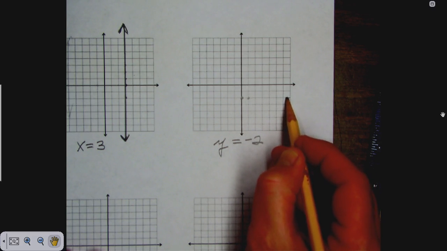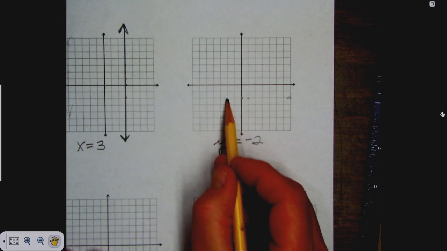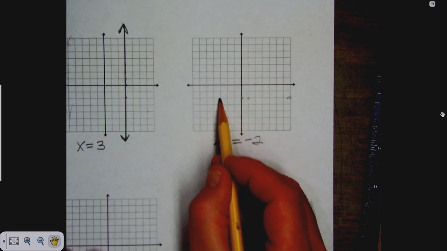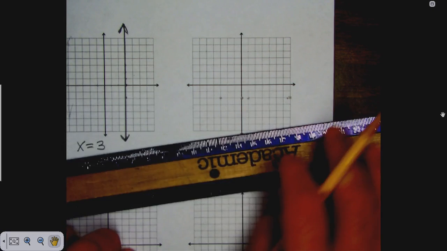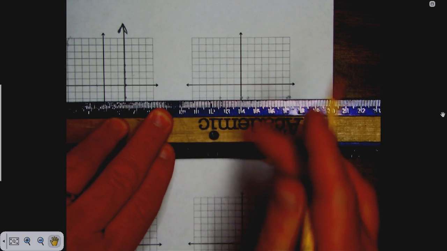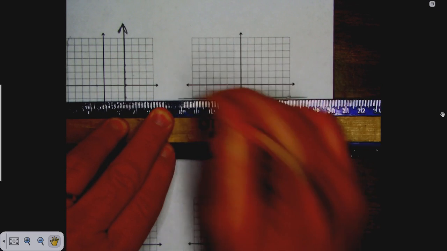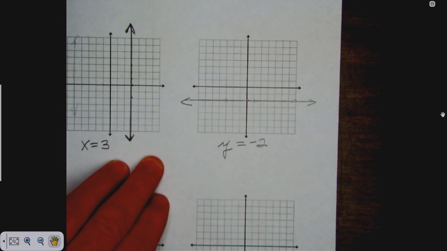This is (7, negative 2). This is the point (negative 3, negative 2). So all along this horizontal line is where y is equal to negative 2. So that's y is equal to negative 2.